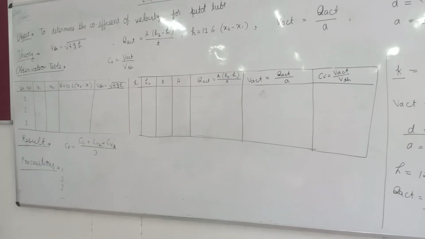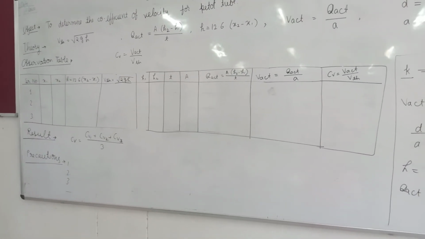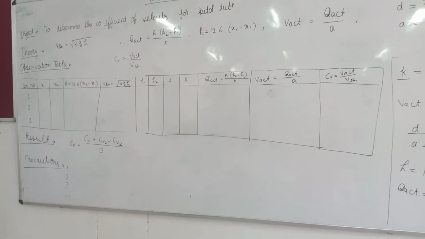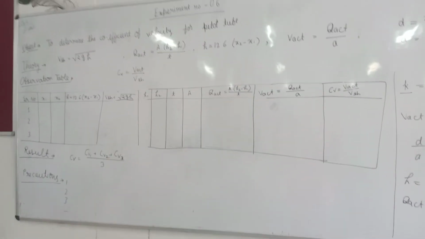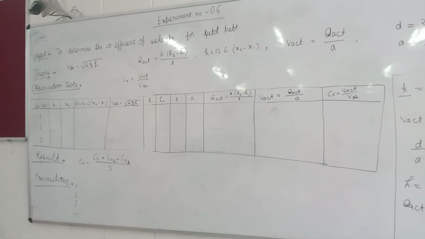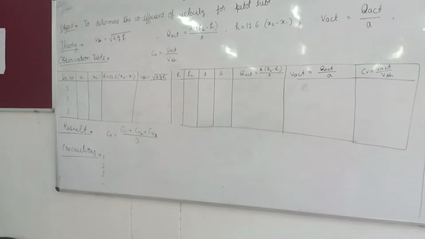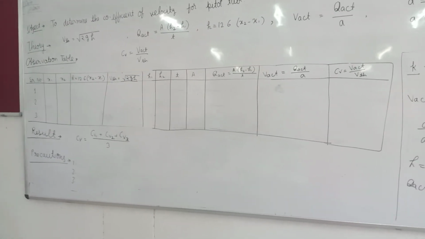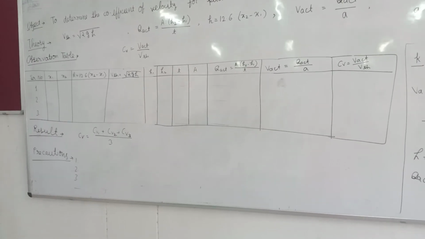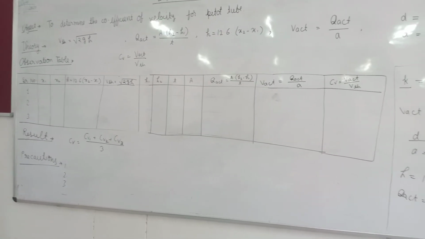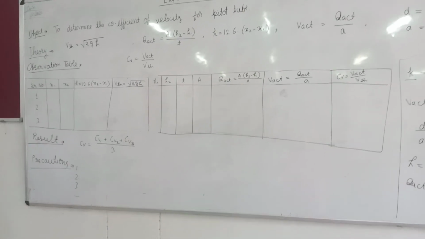So we can find out the value of Cv equal to V actual divided by V theoretical. As we all know that value of Cv cannot be greater than 1. So for eliminating the manual errors, human errors, we would do this experiment 3 times and we would take the average, so we can determine the value of Cv. Thank you.